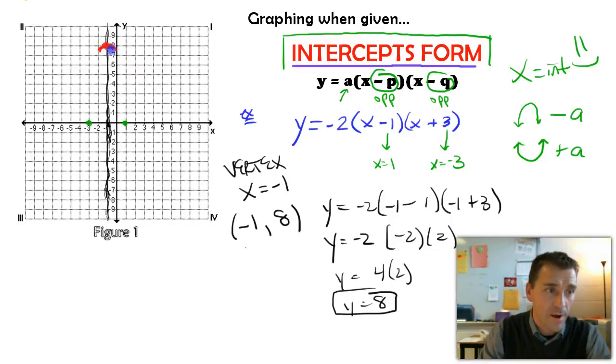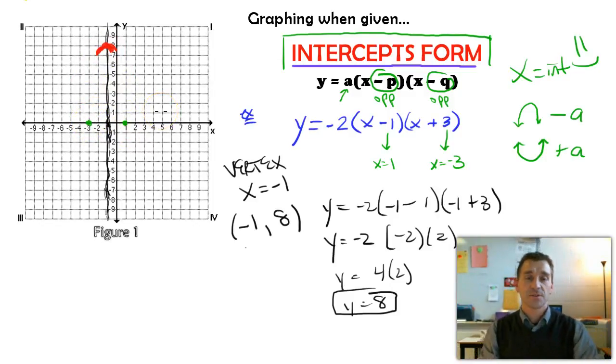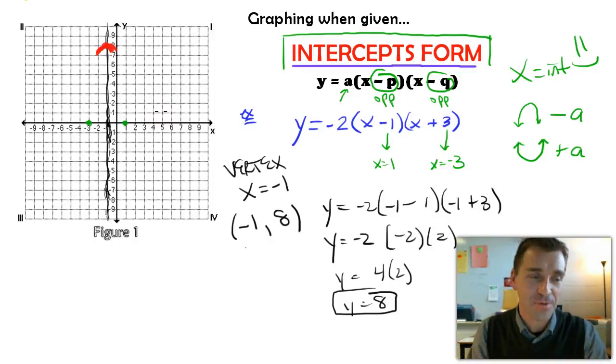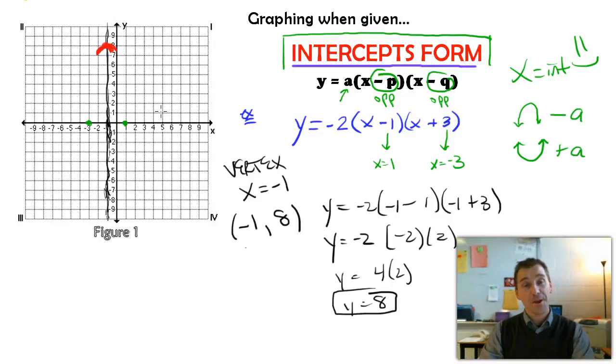My frowny face is looking like that because, again, I have to come down here and touch my x-intercept and come down here and touch my x-intercept. Now, I'm going to tell you, for this x-intercepts form, I am okay with you saying you have enough points, because you have the idea of which way it's going. You know it's going down because the a value is negative.